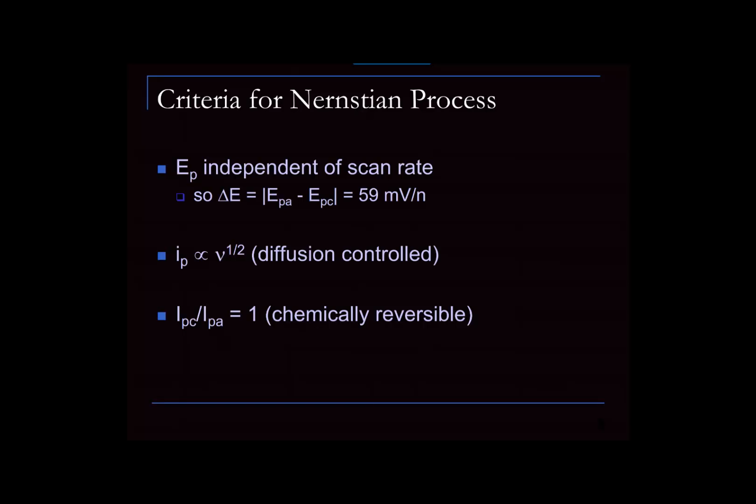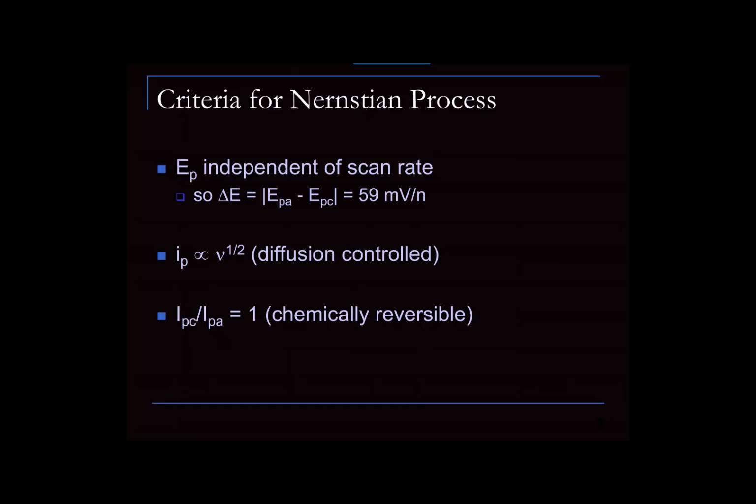And the last characteristic is we look to see if the peak current at E_PA is the same as the peak current that we see at E_PC. And if the ratio of I_PC to I_PA is unity, then it means your system is chemically reversible.